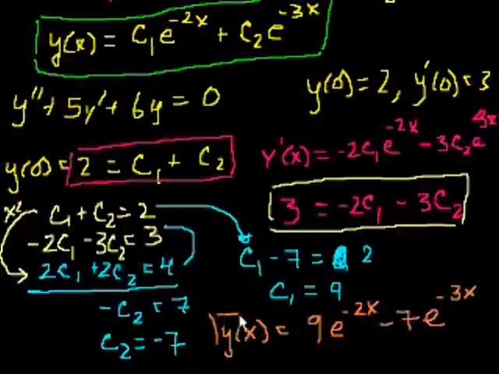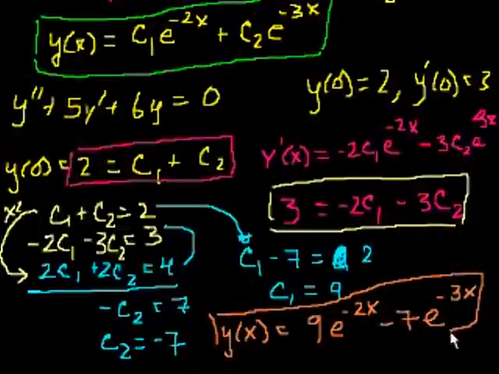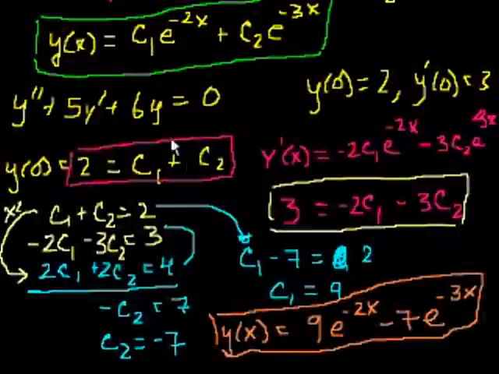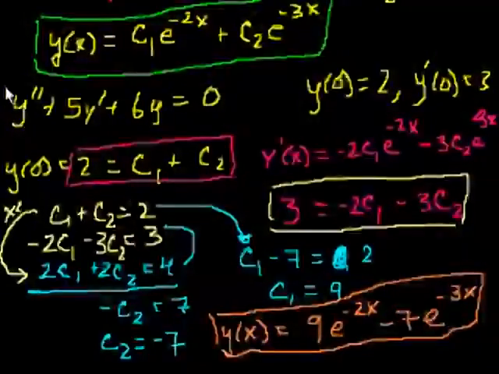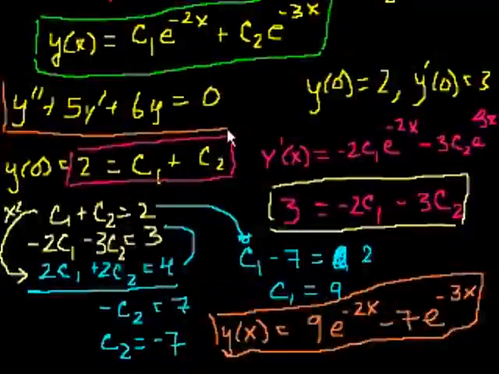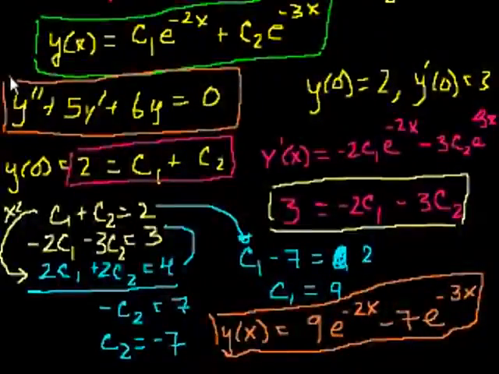That is the particular solution to our original differential equation. It might be a good exercise for you to actually test it out. I'll do another example in the next video. I'll see you soon.